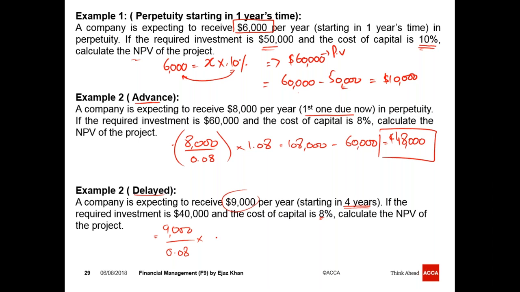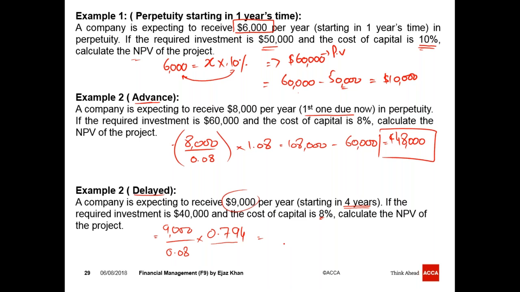Iram, again, you are picking up the annuity factor. We need a discount factor for year 3. 0.794, yeah, it's 0.794. So because of the delay, we are multiplying it with the discount factor.